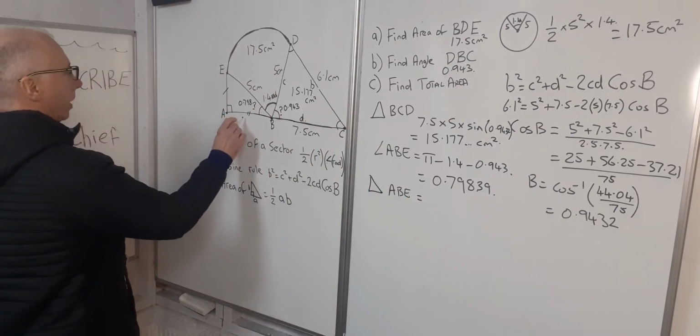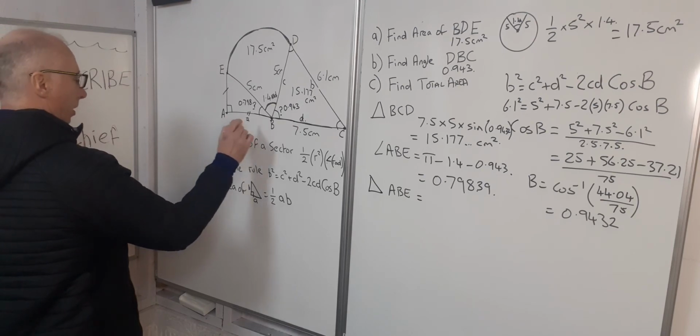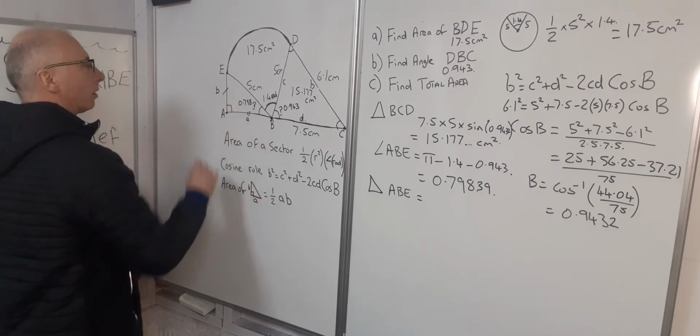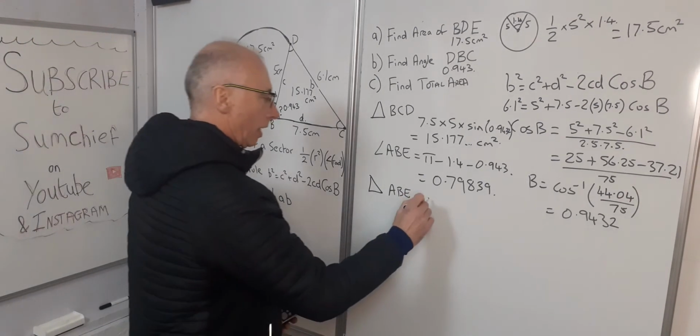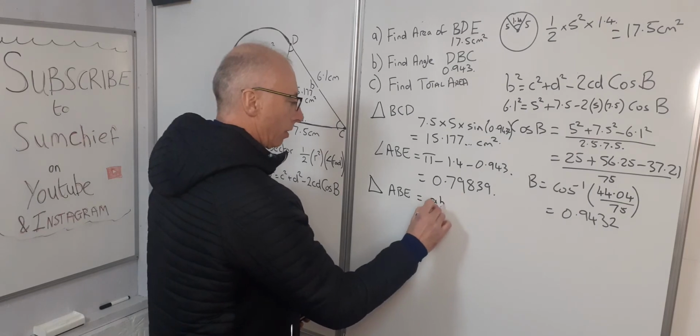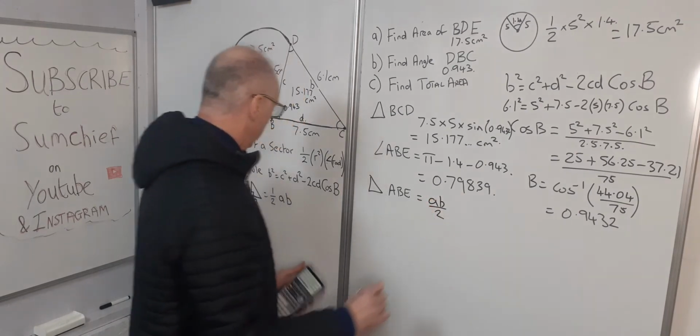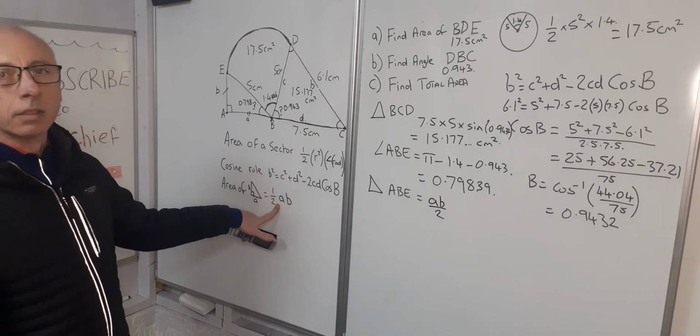We'll call this side little a and this side little b, so the area is a times b over 2. So we've got that formula here.